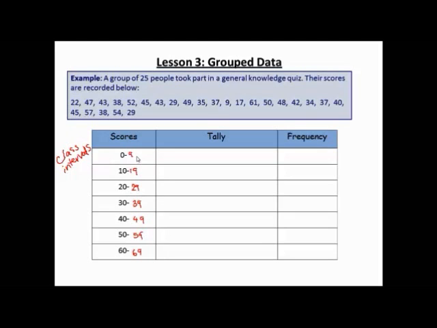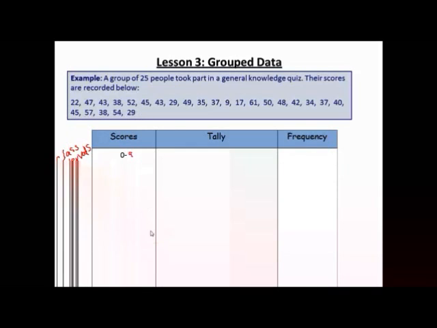It's also up to you how many class intervals that you have, but usually between 5 and 15 is a good rule of thumb. So here we have 1, 2, 3, 4, 5, 6, 7, so we're within that 5 to 15. It's also really important when you create intervals here that all of your data fits within these intervals.